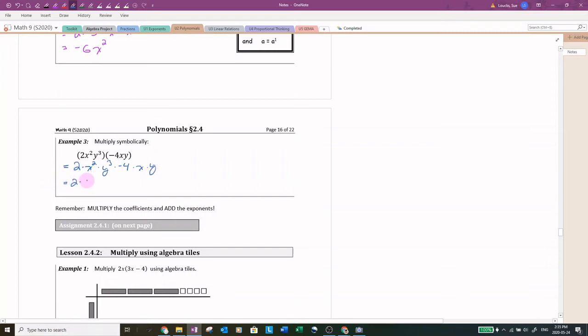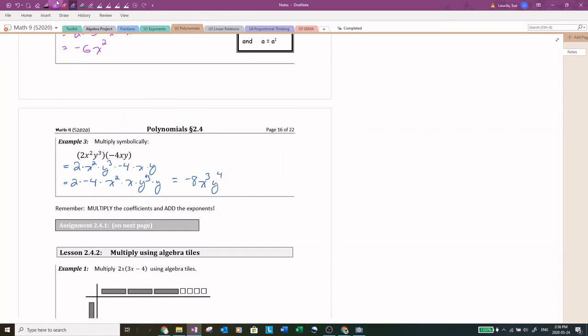This is 2 times -4 times x squared times x times y cubed times y. So 2 times -4 is -8, and then it's x cubed y to the 4.